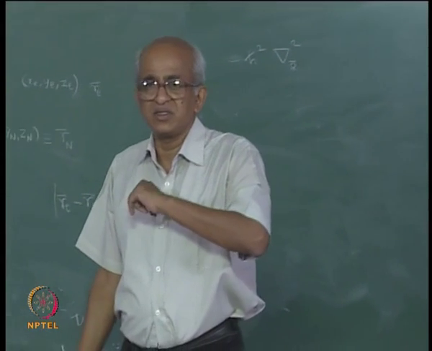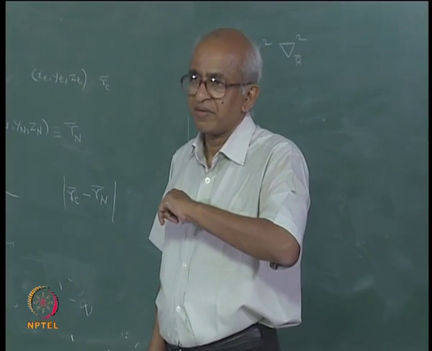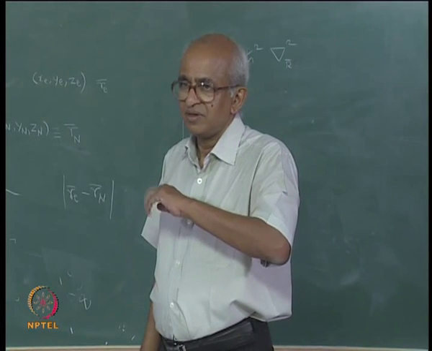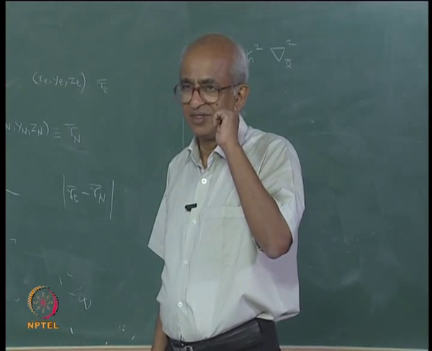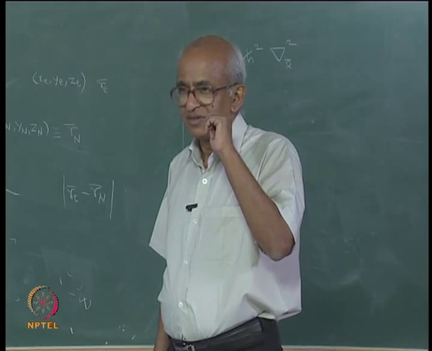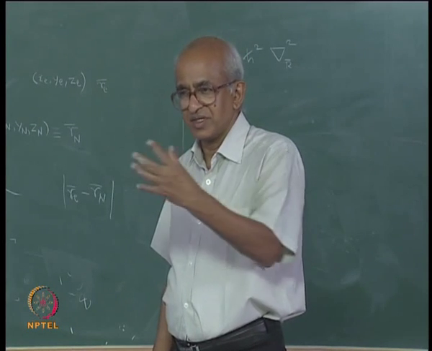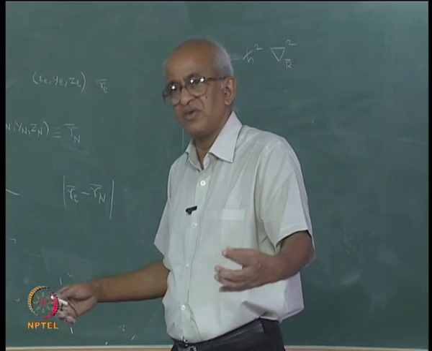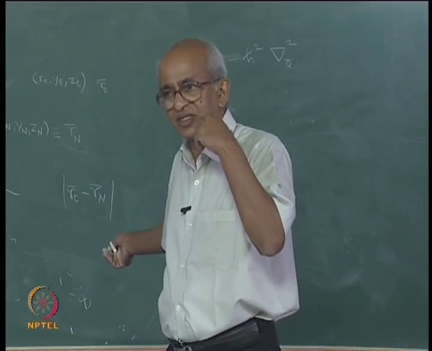And what about the mass? What mass will you put in? Center of mass is moving, so effectively the whole system is moving, and therefore you will have to put in the mass of the whole system.